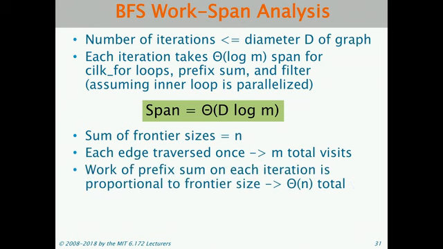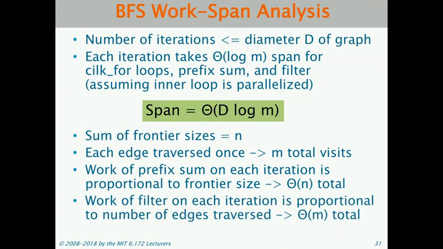On each iteration of the algorithm, we're doing a prefix sum, and the cost of this prefix sum is proportional to the frontier size. So summed across all iterations, the cost of the prefix sum is theta of n. We also have to do this filter, but the work of the filter is proportional to the number of edges traversed in that iteration. Summed across all iterations, that's going to give us theta of m total.